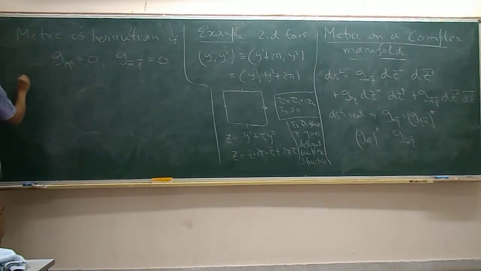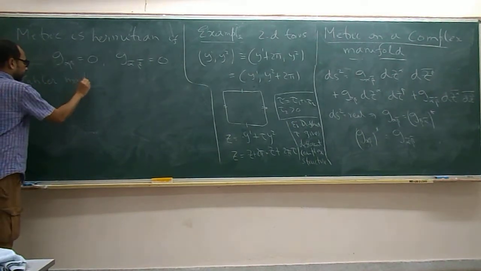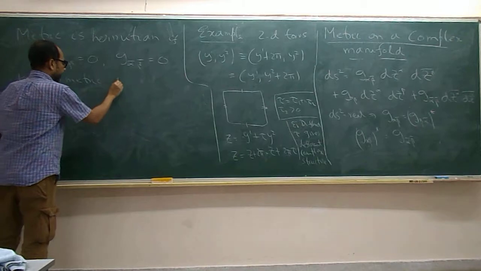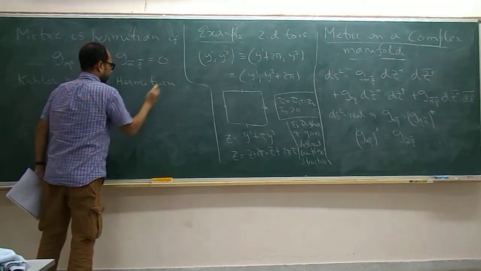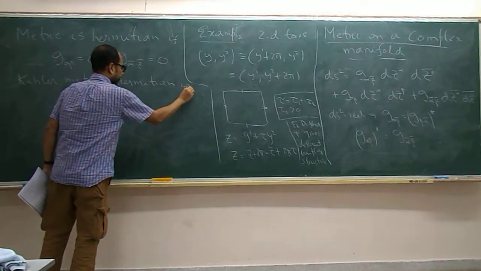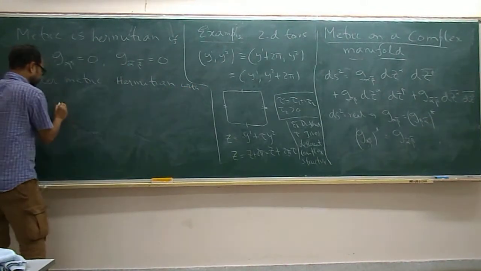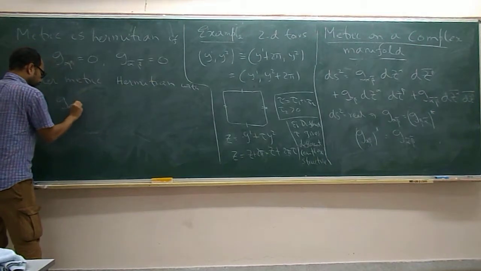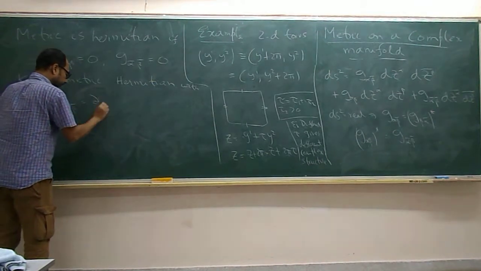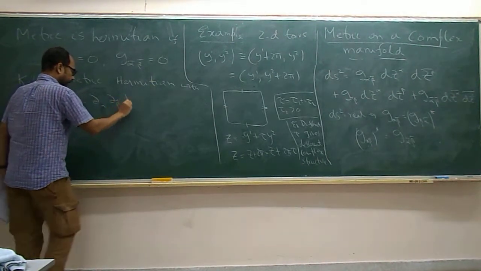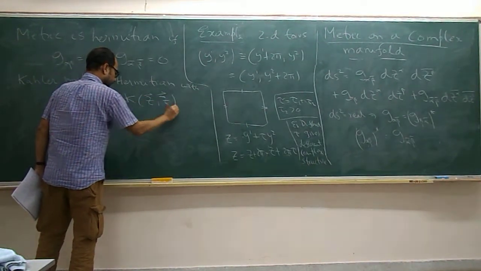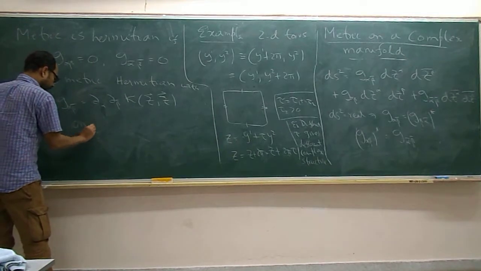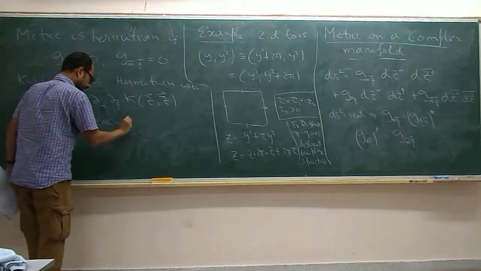A Kähler metric is Hermitian, the first condition of course, with an additional condition, namely g_{alpha beta-bar} should be del_alpha del_beta-bar K(z, z-bar) on each coordinate patch.